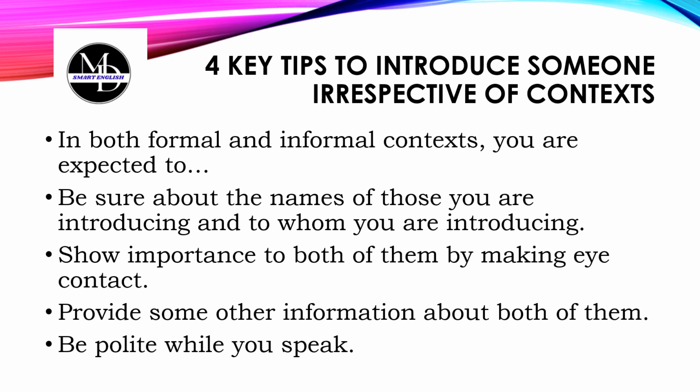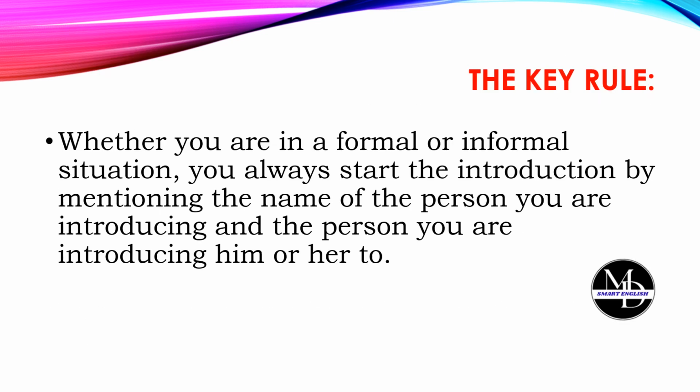Be polite while you speak. And here one rule we have to remember, the key rule: whether you are in a formal or informal situation, you always start the introduction by mentioning the name of the person you are introducing and the person you are introducing him or her to.